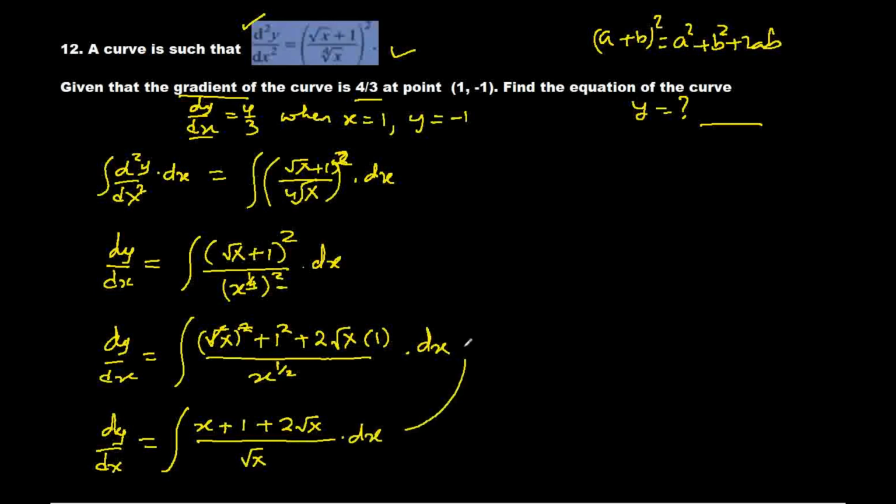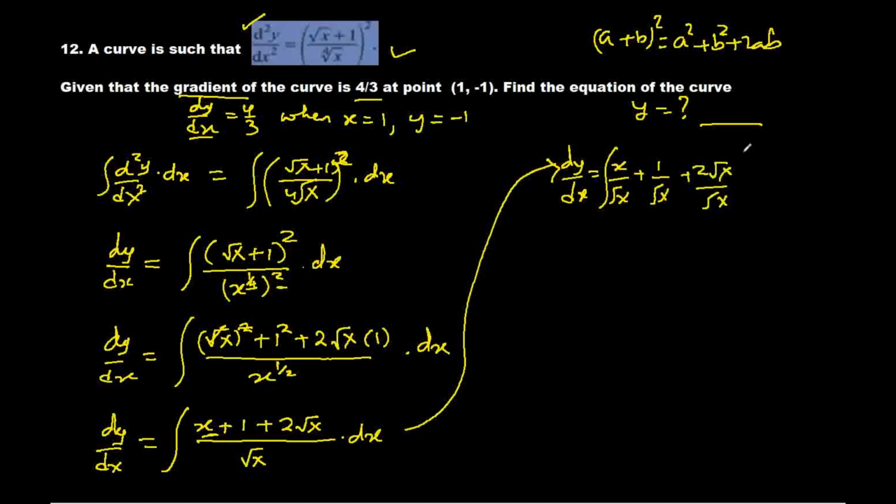Okay, let's complete it here. Dy over dx will be integration of, I'm separating the numerators so that I get individual terms. So x divided by square root x plus 1 over square root x plus 2 square root x over square root x and whole of it dx.